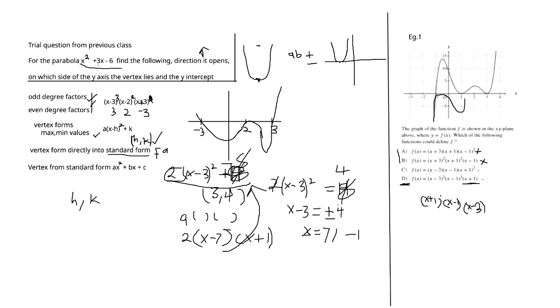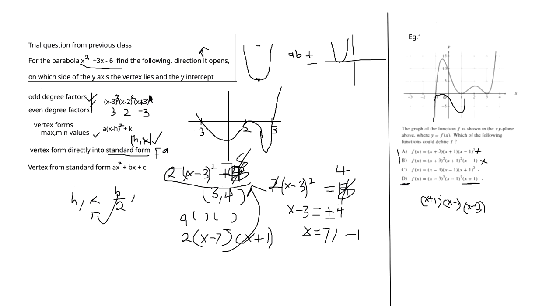So H is equal to negative B over A. No, B over 2, sorry. That's the average of the sum of the roots of the parabola. So B over 2 would be your H. And now to find K, you just input B over 2 here to get your K.